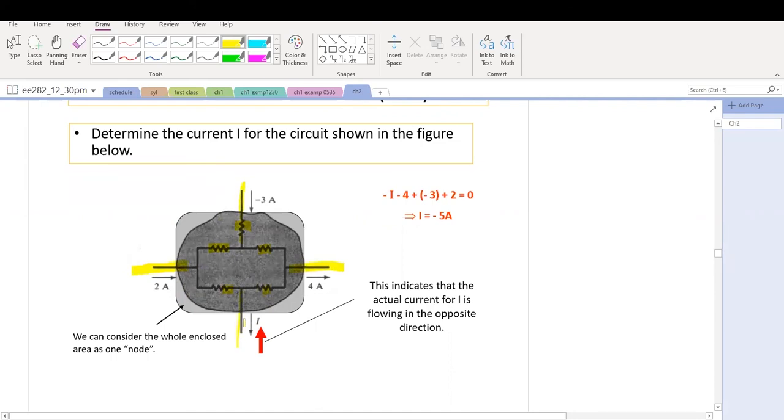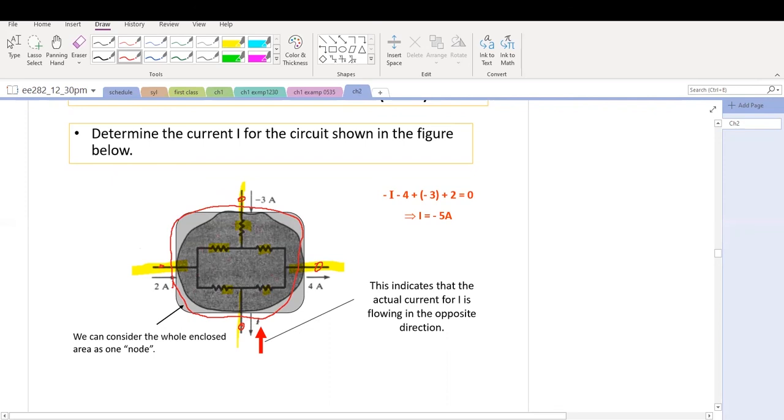Okay, I'm going to draw a boundary here. This boundary will cut this branch, this branch, this branch, and this branch. KCL tells us that all the currents flowing into this boundary sum to 0, which means the currents flowing into this boundary equal the currents flowing out of this boundary.